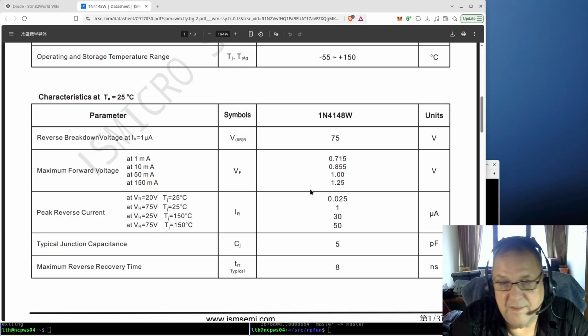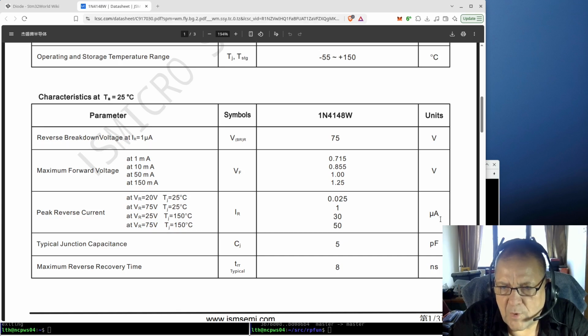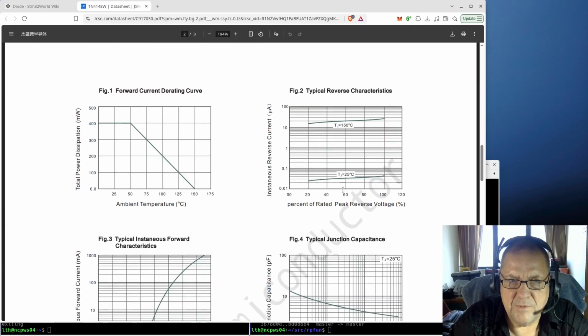You also have, and this is interesting, the peak reverse current, also known as a leakage current. That is how much current is running if you apply a voltage the wrong way around, and you can see in all cases we are talking microamps. It is very little current that is running through.